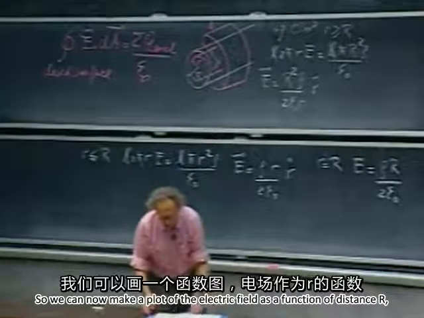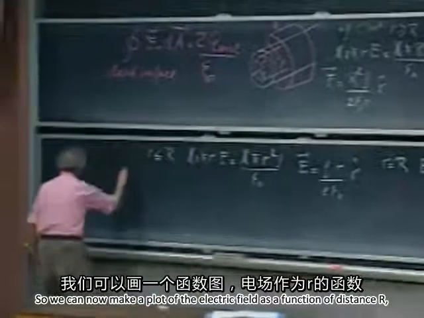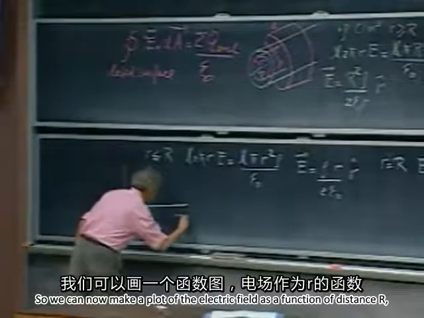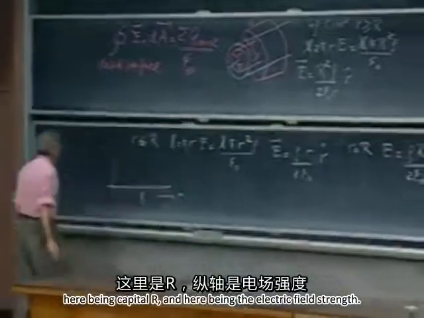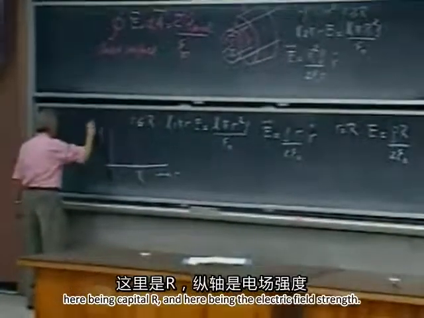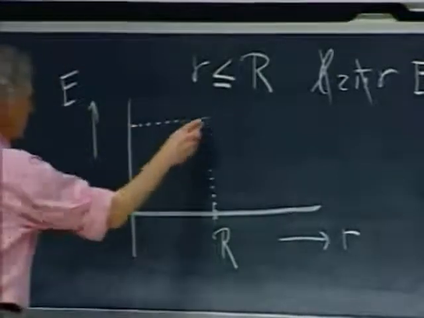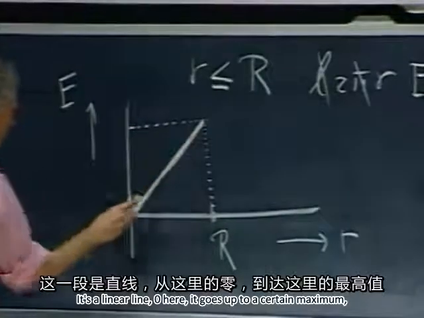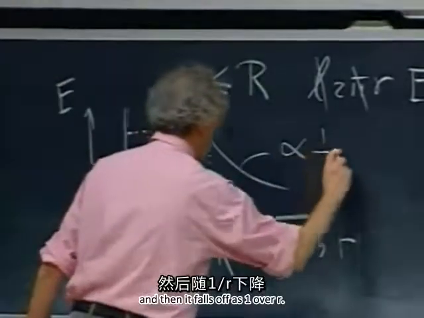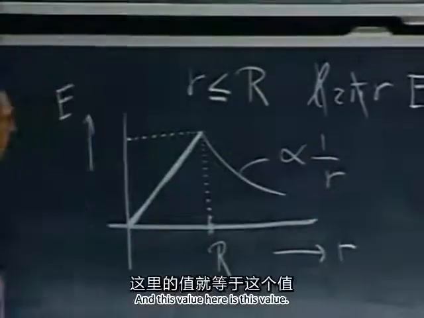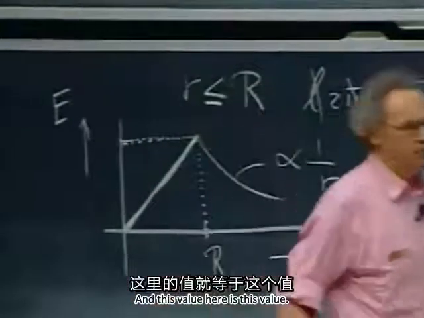So we can now make a plot of the electric field as a function of distance r, here being capital R, and here being the electric field strength. It's a linear line, 0 here, goes up to a certain maximum, and then it falls off as 1 over r. And this value here is this value.